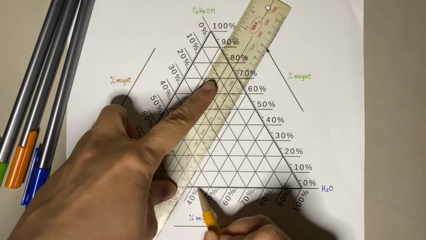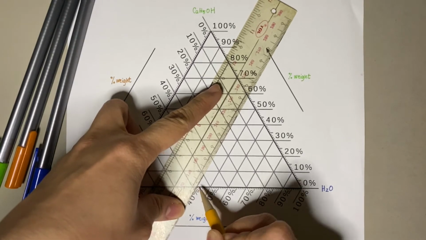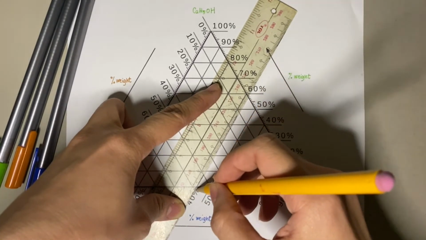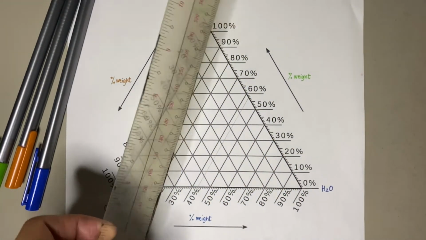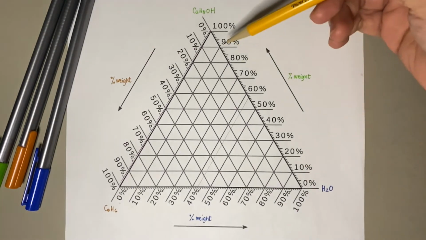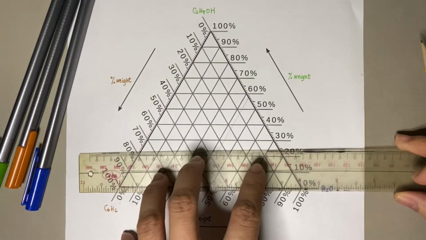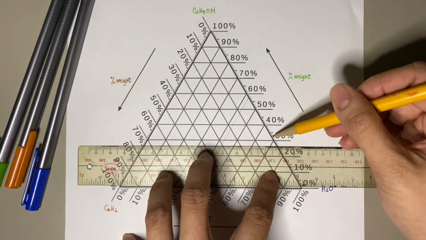And using a pencil and a ruler, create a very light line parallel to the marks for the amount of water. Next, we locate 33% ethanol using the marks on the right side. So 30, 31, 32, 33%.